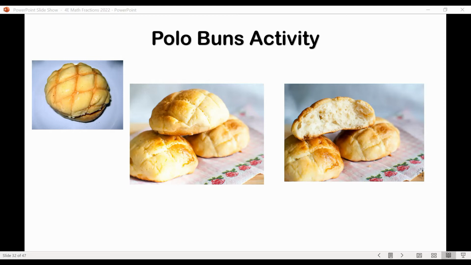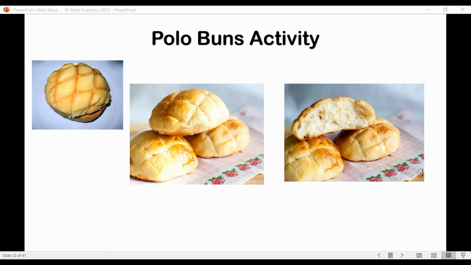Very yummy. It's called a polo bun because the top design looks a bit like a pineapple. Polo in a dialect actually means pineapple. So the design looks like a pineapple. That's why it's called polo bun. Very nice to eat, especially with butter on it.